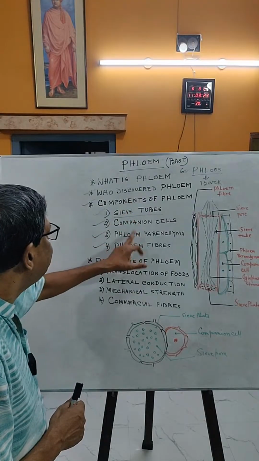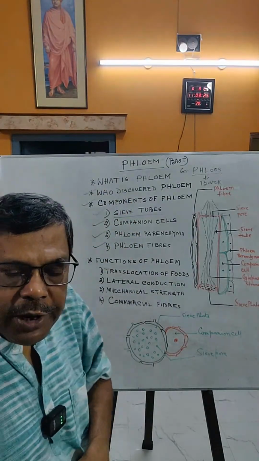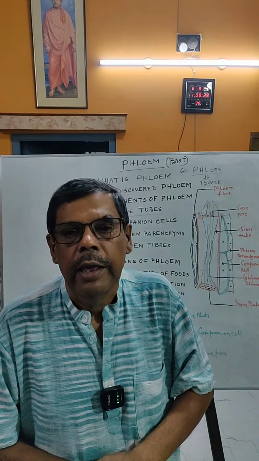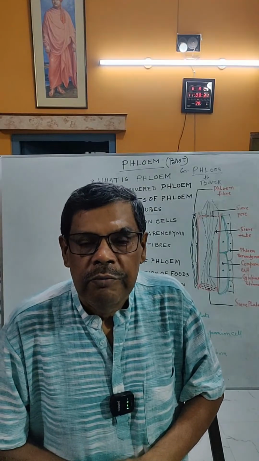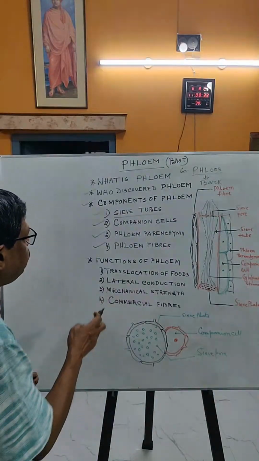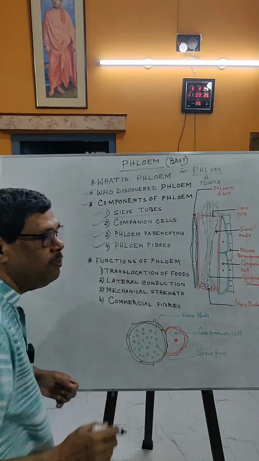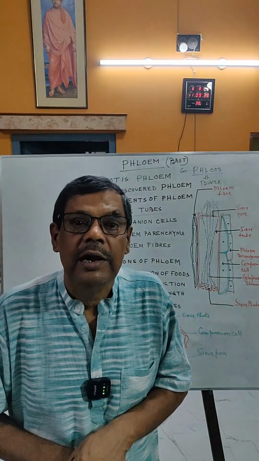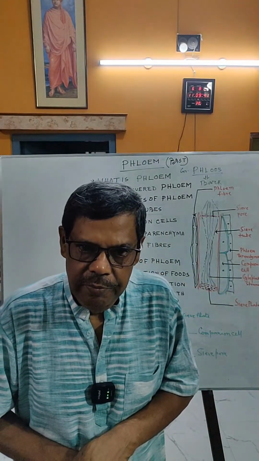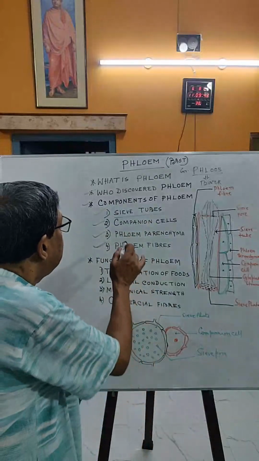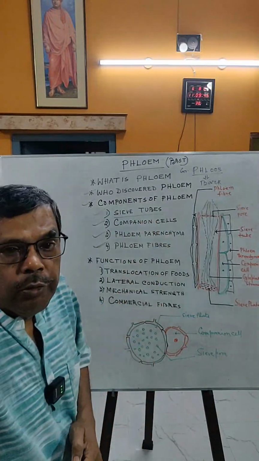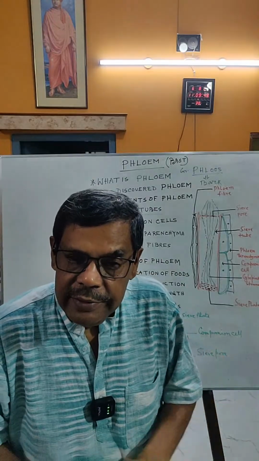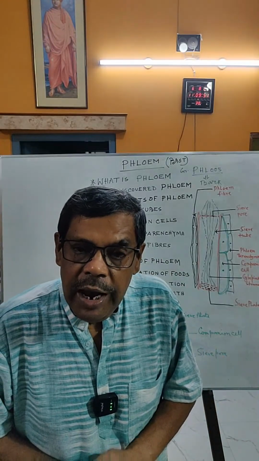Of the four types of components of phloem, only phloem fibers are dead, all others are living cells. Next, sieve tubes are composed of sieve cells joined end to end.